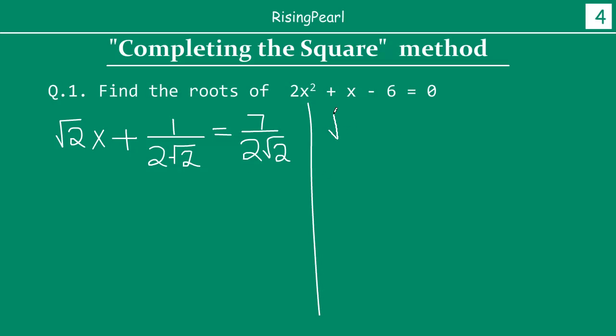The other one is square root 2x plus 1 by 2 square root 2 equal to minus 7 by 2 square root 2.